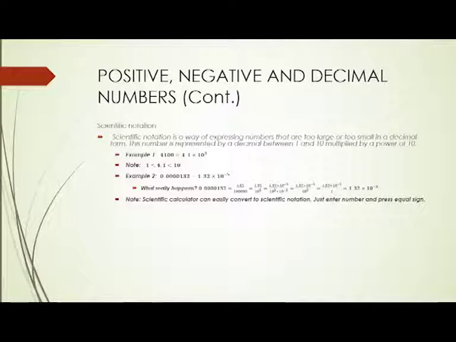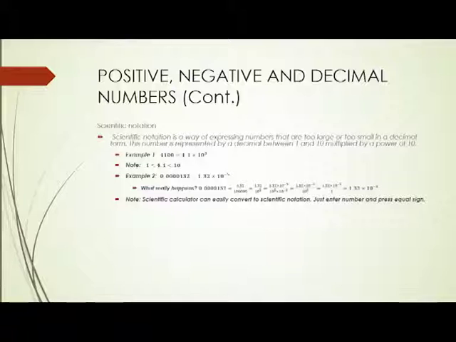We have to write it in such a way that the decimal part of that number is between 1 and 10. It can be 1, but it cannot be 10. It must be less than 10. So when we express that number, it gives us 4.1 times 10 to the power of 3. So 4.1 is between 1 and 10.